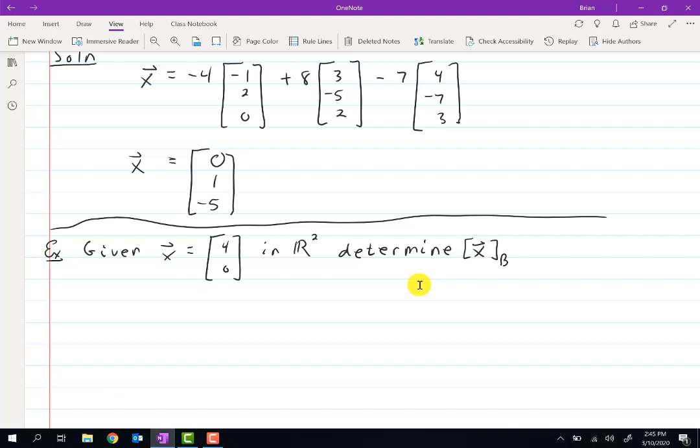So as before, I need to give you a B basis. Let me do that. B equals 1, negative 2, comma, 5, negative 6.